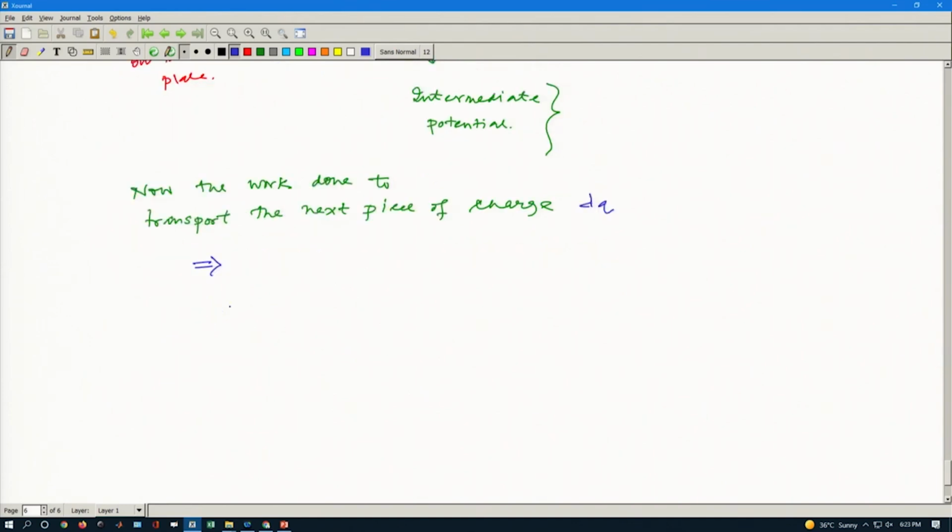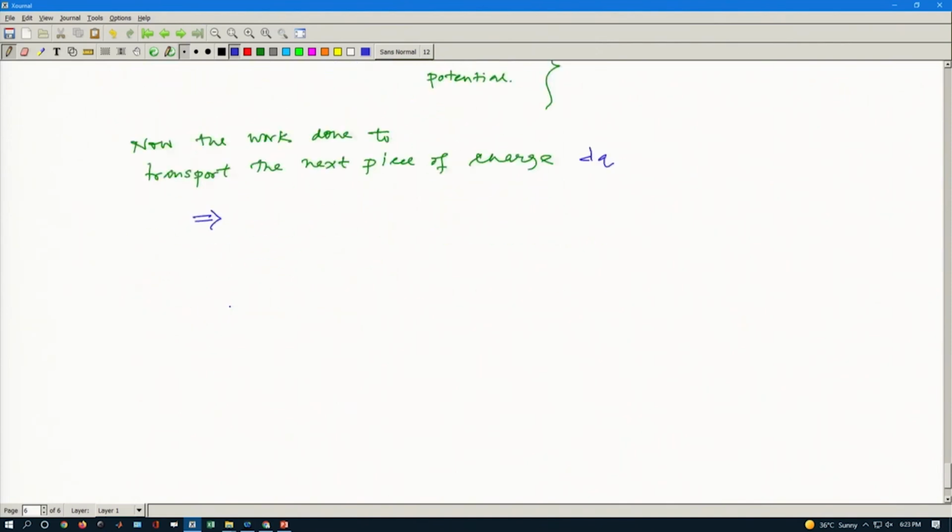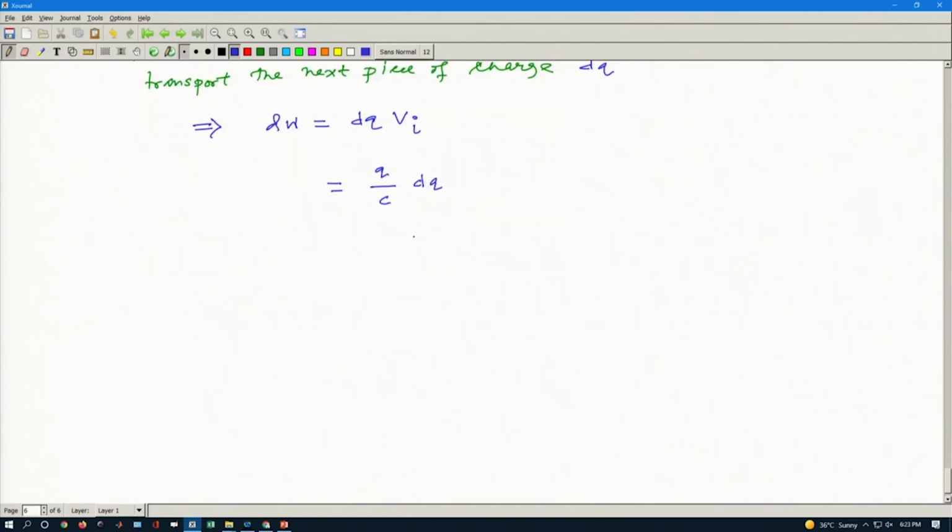If I now bring a dq amount of charge, then the work done is simply dW equal to the charge I bring against the potential Vi. So, this is simply q divided by C dq, because q divided by C is my Vi, the intermediate potential, where q is already there.